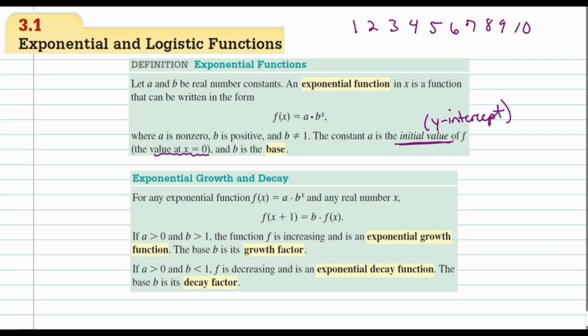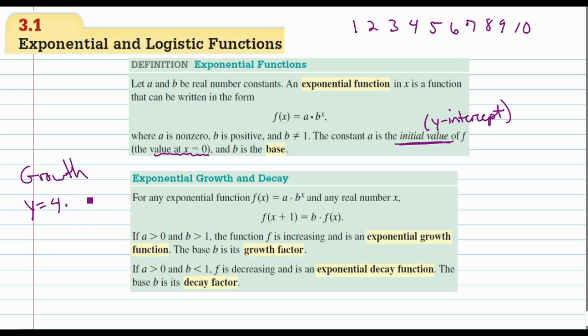There are two types of exponential functions. There's an exponential growth function whose base b is the growth factor and b is greater than 1. So an example of growth would be y equals 4 times, let's see, b has to be greater than 1. a can be anything, as long as it's not 0.